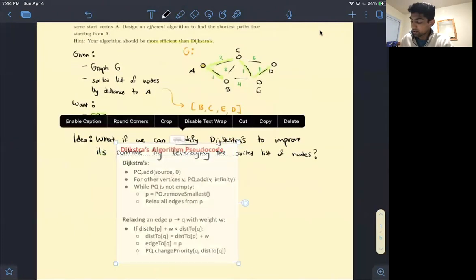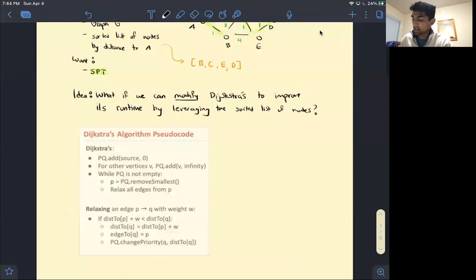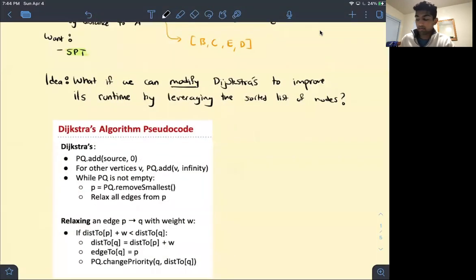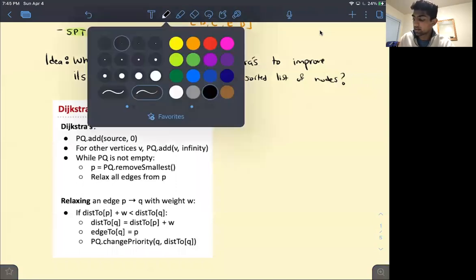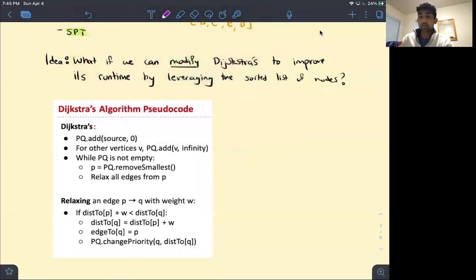This is just from lecture, and this is basically the algorithm for Dijkstra's. Let's walk through it very quickly just so we understand what's happening. In Dijkstra's, we first add the source vertex with priority 0, and for all the other vertices, we say that they're infinity away.